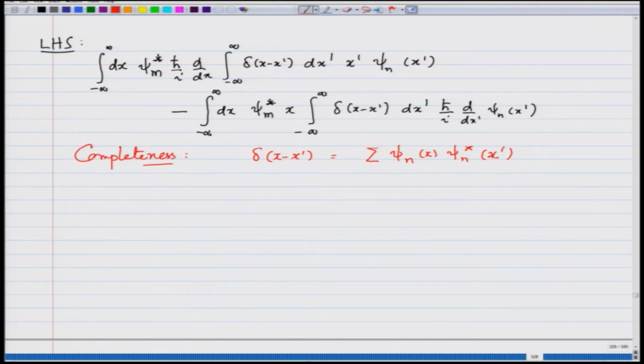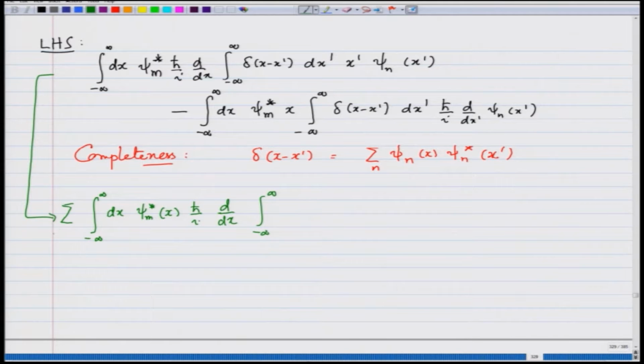I am going to substitute this for the delta function, so that the left hand side now becomes integration from minus infinity to infinity dx psi m star. Let me be very careful, write this variable inside as x, h cross over i d by dx of integration from minus infinity to infinity, there is a summation over, let me change the index because I am using m and n, so I am going to write this as n psi l x.